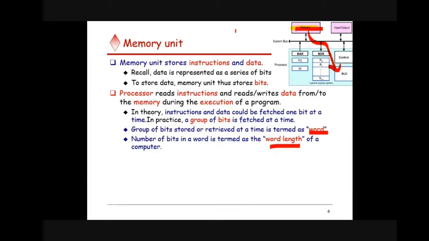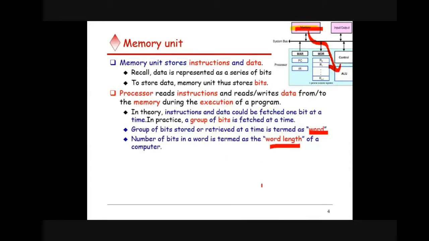For example, 4 bits together will be transferred to the processor, and that is called a word. At a time, one word will be transferred from memory to processor, and the number of bits present inside the word is called the word length.